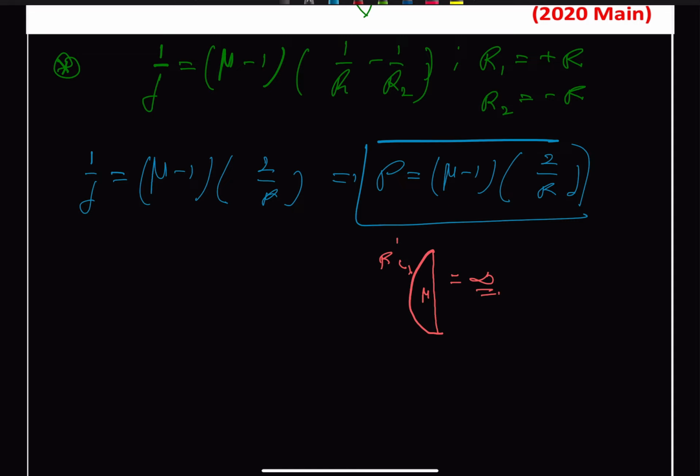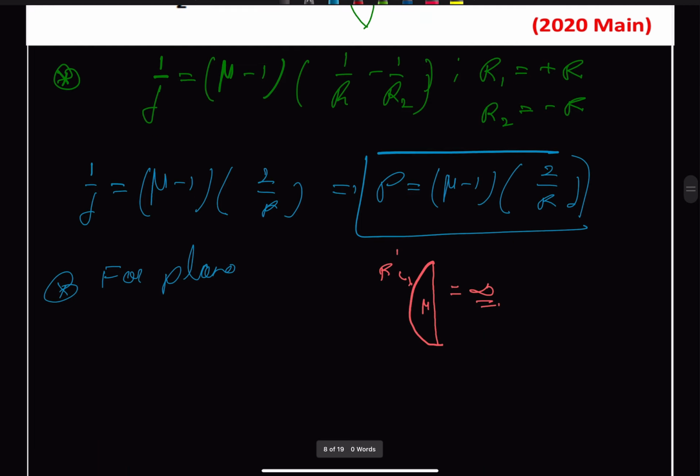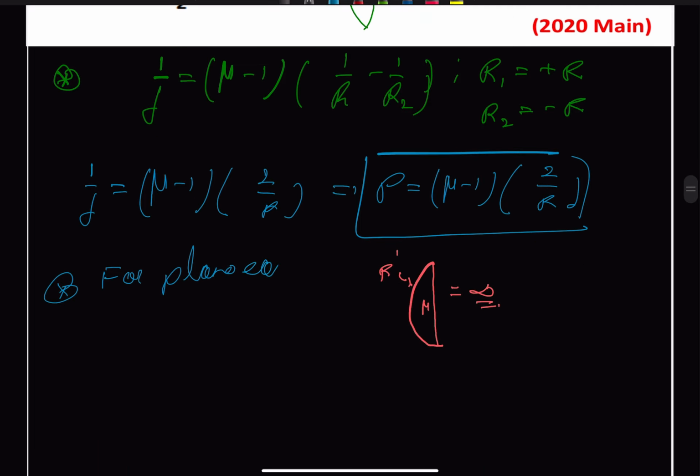Therefore we can say, for the planoconvex lens, we can write that 1 upon f prime will be equal to (mu minus 1) times 1 upon R prime.